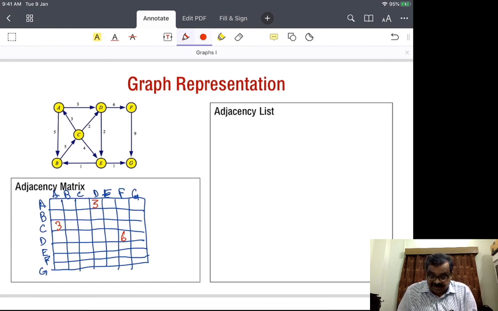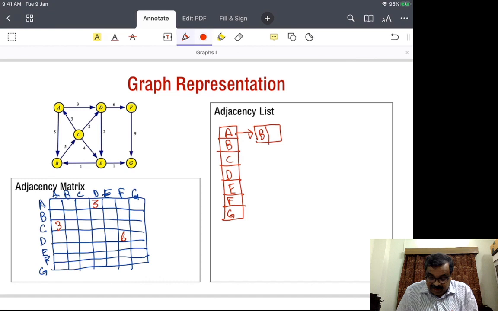Similarly here, the adjacency list would consist of labels A, B, C, D, E, F, G, and then from A you have an edge to B, so you would write B, and then you would write the value 5, which is the weight. You would write A to D, which is D, with the value 3, and so forth.